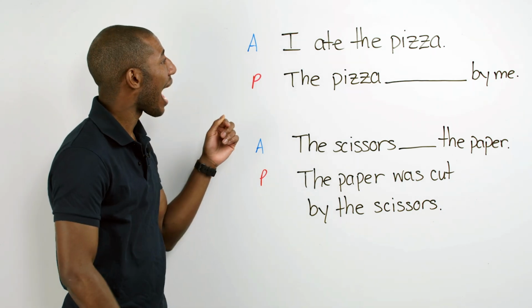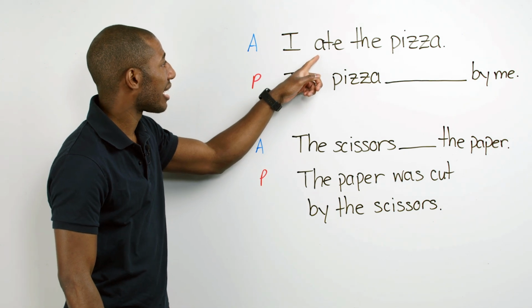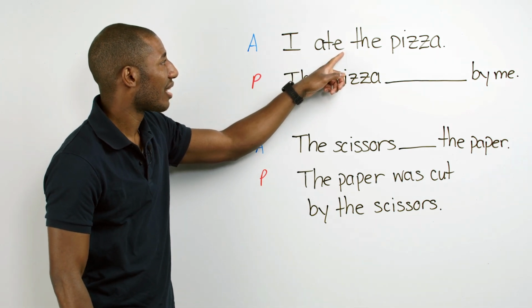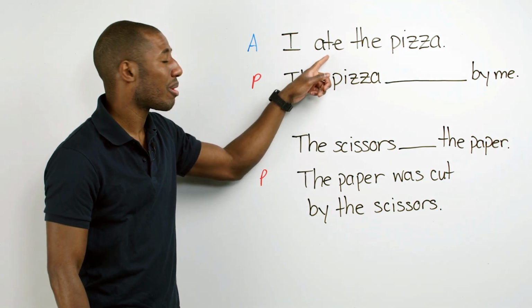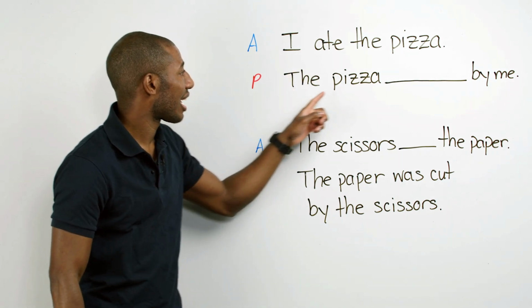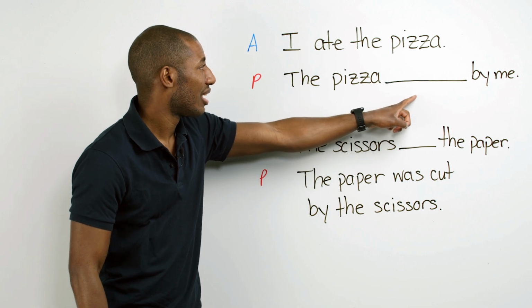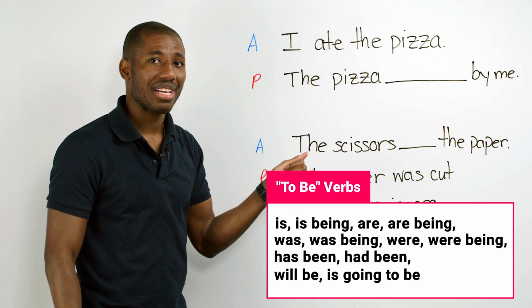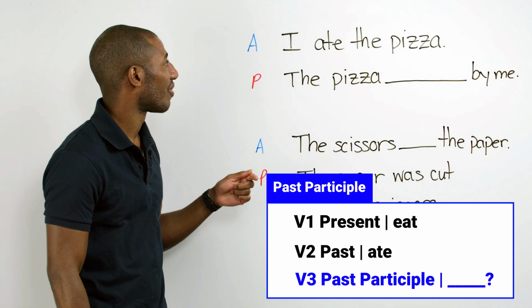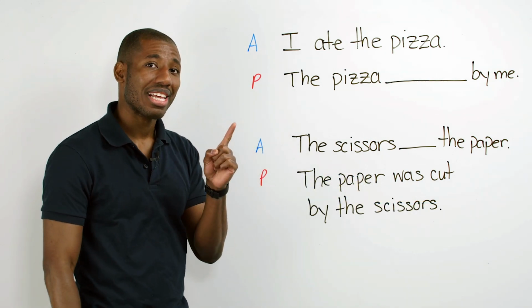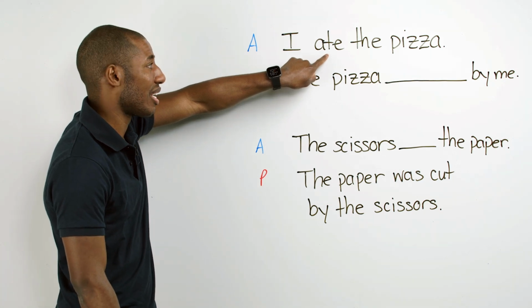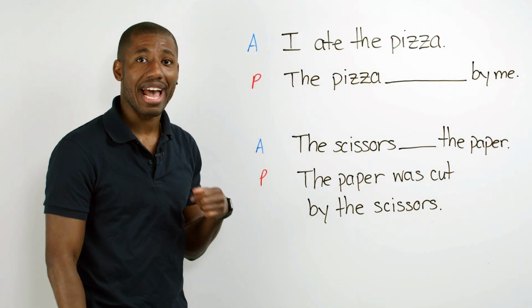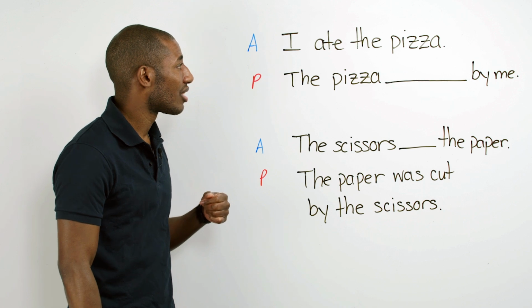If I look at the active voice sentence, I see that our action is ate, which is written in past tense. We remember from earlier that our action in passive voice sentences need a to-be verb as well as a past participle. So I know that since this action is written in past tense, my to-be verb also has to be written in past tense.